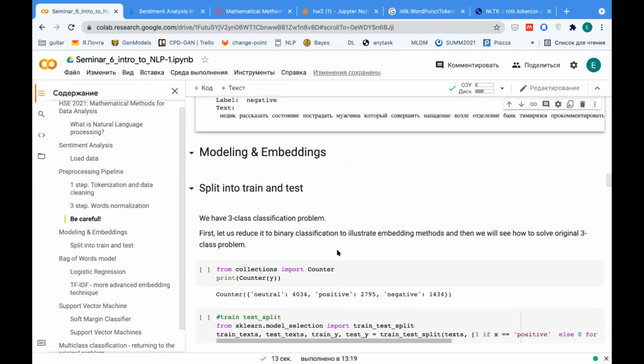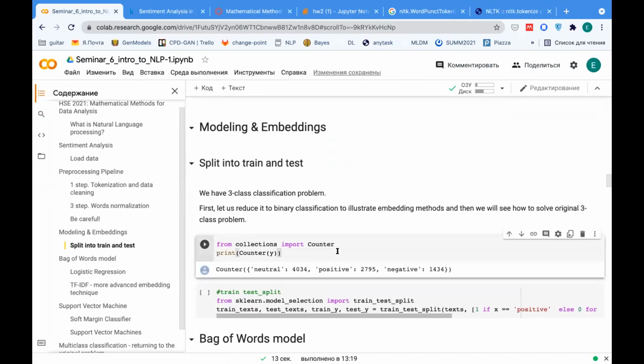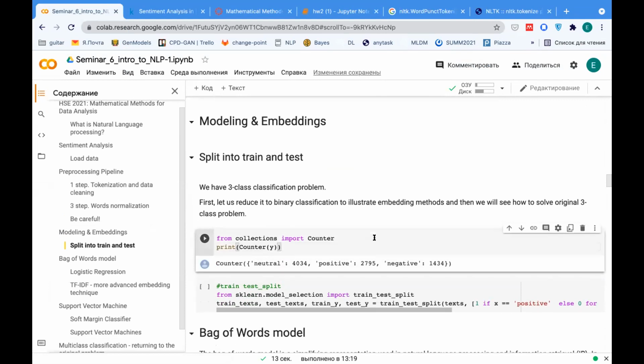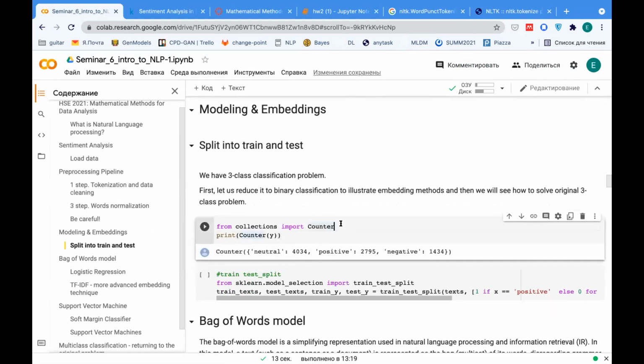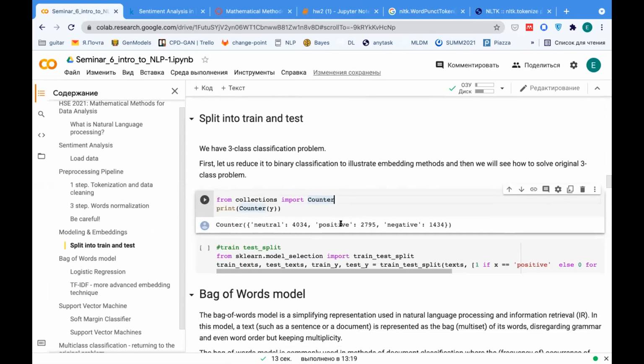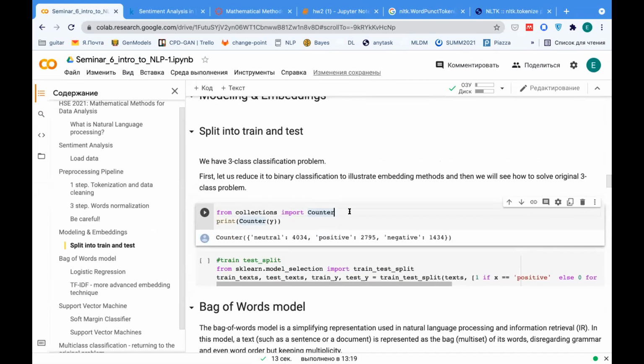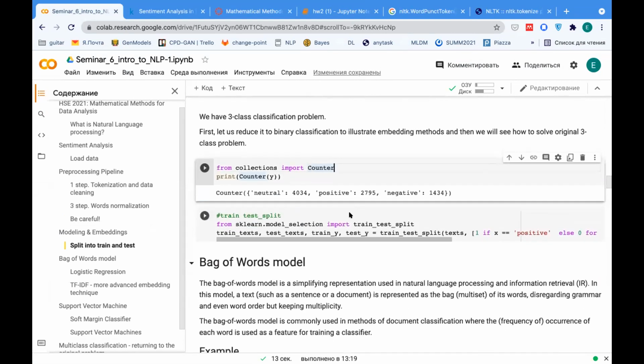Okay, let's actually transform our words to some vectors. To do it, we will use a technique named the bag of words model.